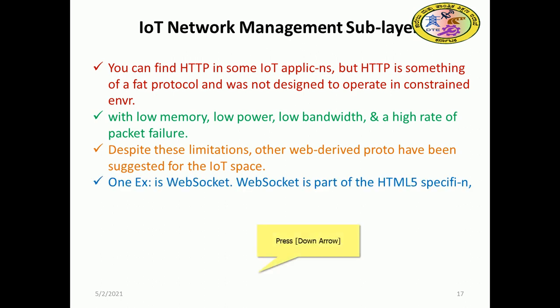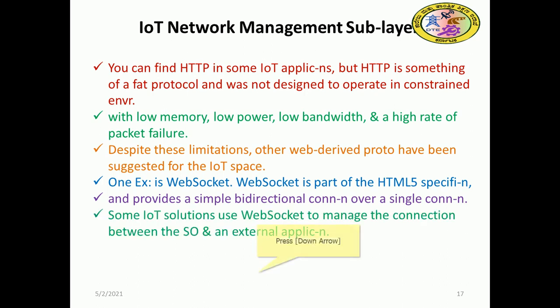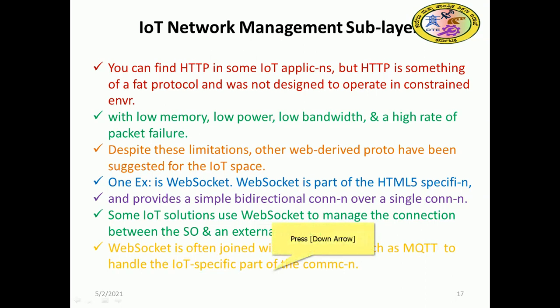So one example is WebSocket. WebSocket is a part of the HTML version 5 specification, and also gives a simple bidirectional connection over a single connection. Some IoT solutions use WebSocket to manage the connection between the smart objects and the external applications. WebSocket is often mixed with other protocols such as MQTT and CoAP to handle the IoT specific part of the communication.